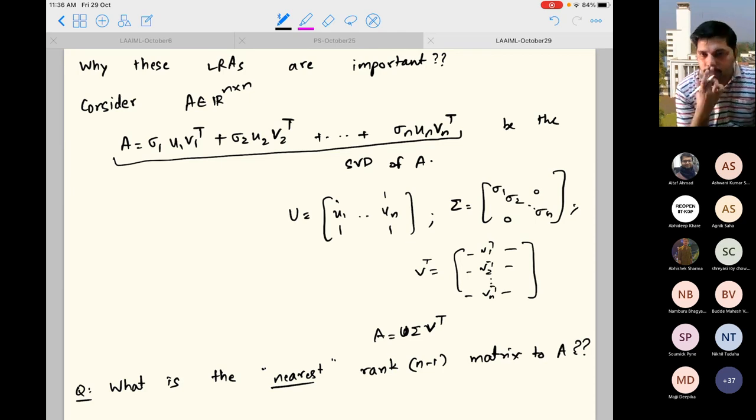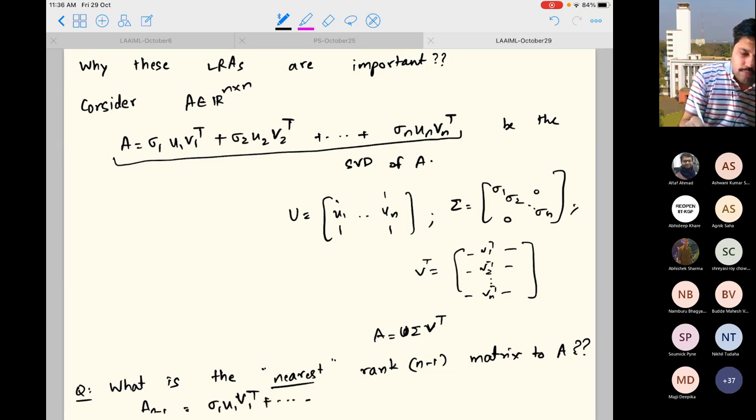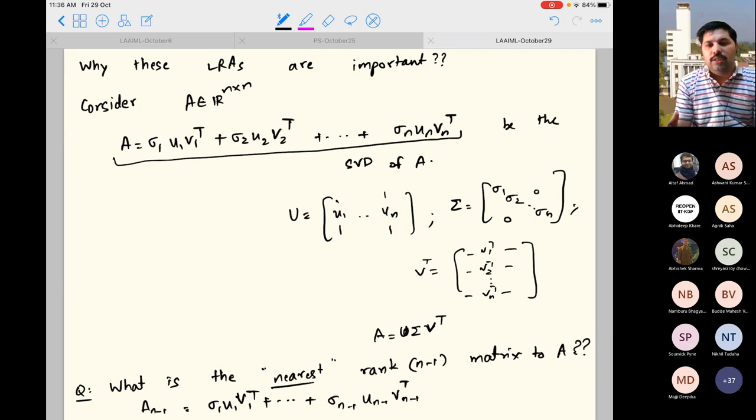You have covered low rank approximations in last week's classes, right? Do you remember this? You have seen this matrix A n minus 1 in the classes, right?